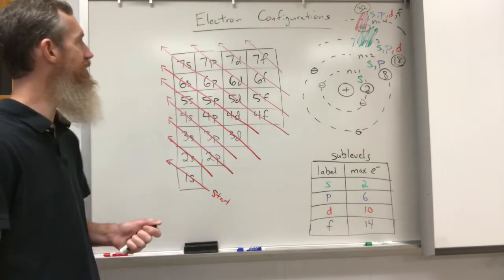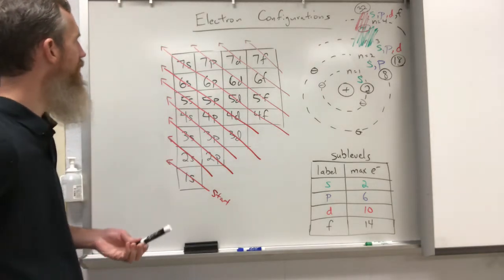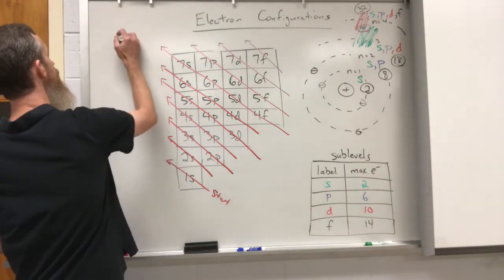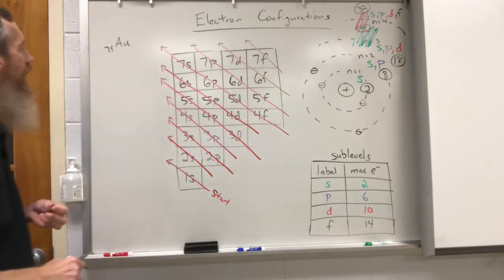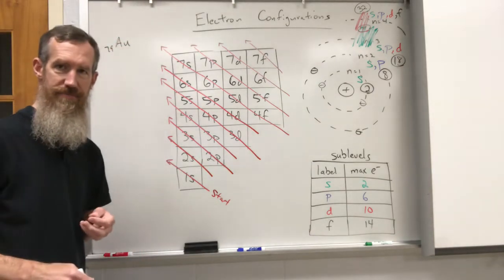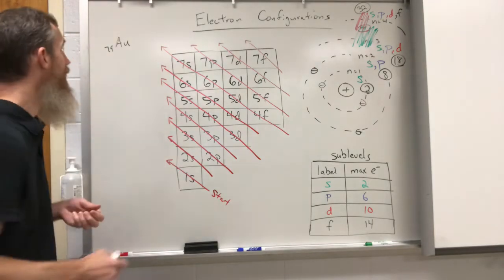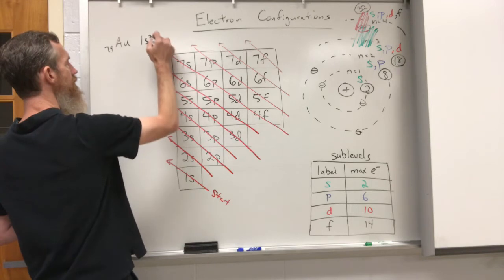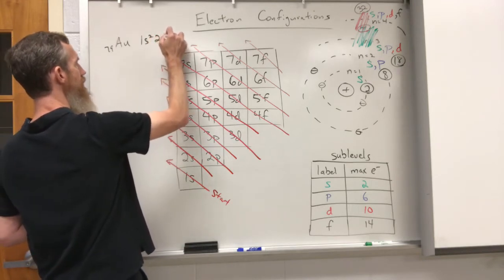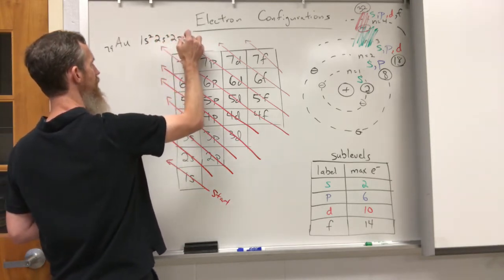79 electrons. So Au, 79 electrons. I have to fill in 79 electrons. I have to start at 1s. That's 2 electrons. Then 2s. That's 2 electrons. Then 2p. That's 6 electrons.